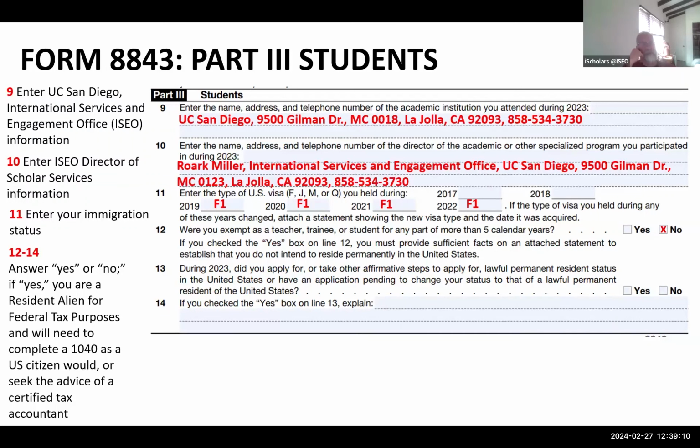Okay, so you're currently a scholar in J1 status. As an exempt individual, you look back at the previous 6 years. If your student program happened in the previous 6 years, you would need to count that. But you're indicating that your program was 2015 to 2016. So these have already fallen off your look back period. They're more than 6 years, so you do not need to count them.